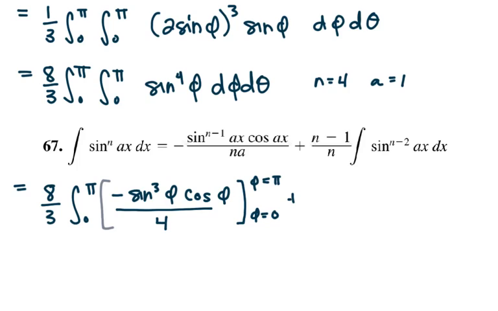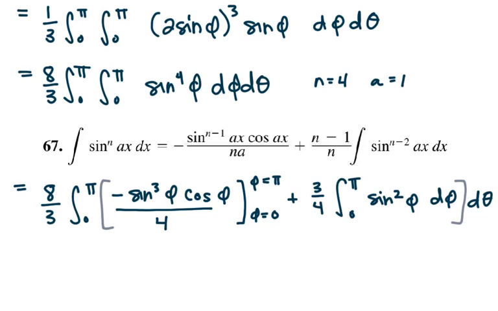And then we've got plus n minus 1 over n, that's going to be 3 over 4, times the integral from 0 to pi of sine to the 4 minus 2, so sine squared phi d phi. And then, of course, we'll still need to integrate with respect to theta.